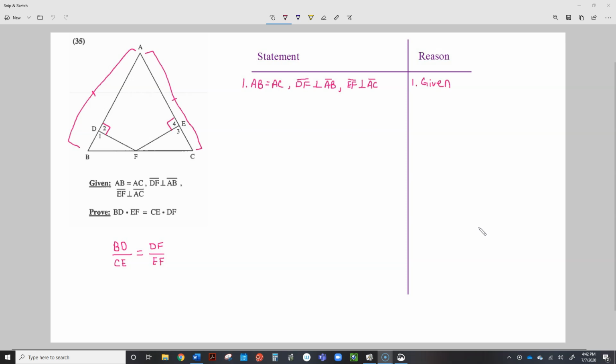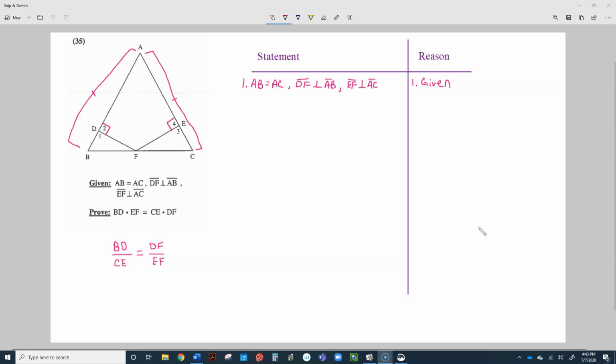So I'm kind of starting from the bottom and trying to plan up. This to me looks like it used to be a ratio or a proportion, and maybe they cross multiplied. So I said, okay, BD is from this triangle right here, and it corresponds with CE. So I put BD and CE on top of each other.